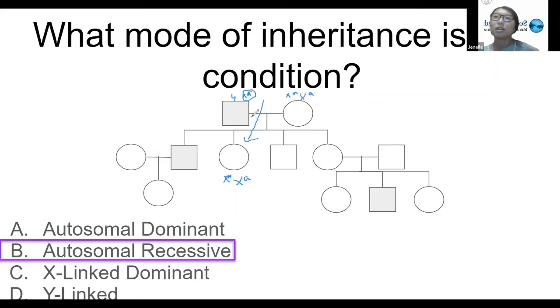If it was X-linked dominant, then you would have an X with a dominant A from this male because males only have one X chromosome. And then if it's an X-linked dominant trait, then that means the female, the wife, must have an X with the recessive trait.